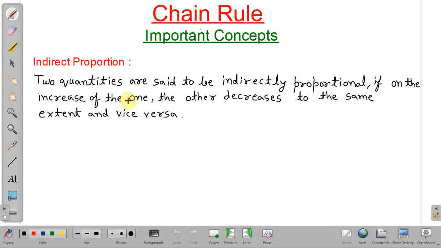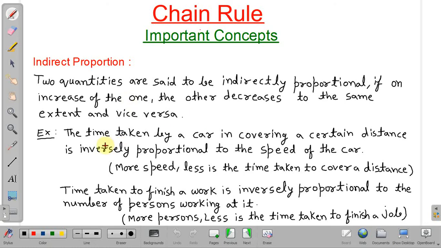Okay. So we will try to understand with the help of an example. Suppose the time taken by a car in covering a certain distance, when the distance is fixed, will be inversely proportional to speed. The more the speed, the less the time taken. As you know by the formula, time is equal to distance by speed.